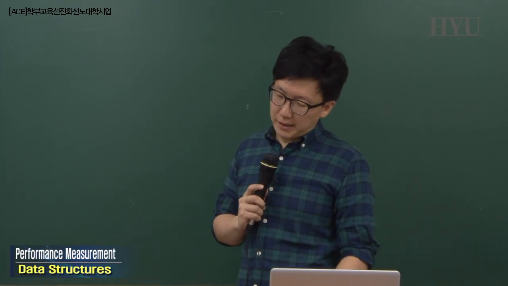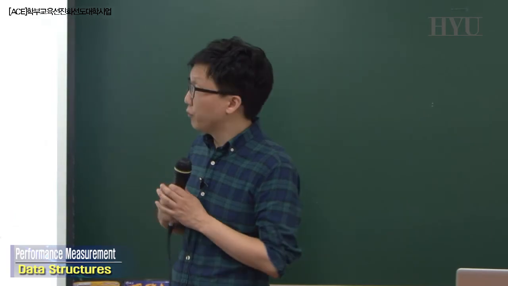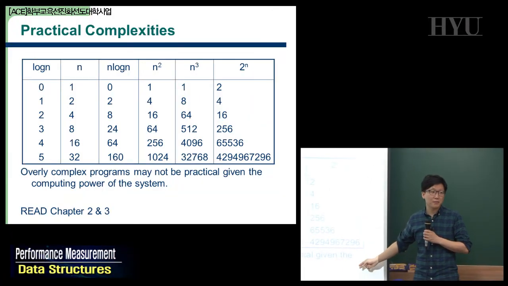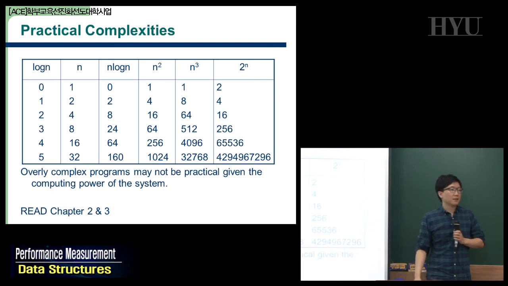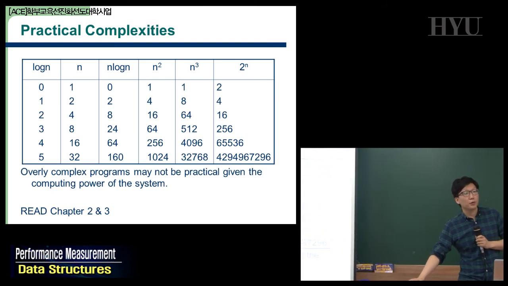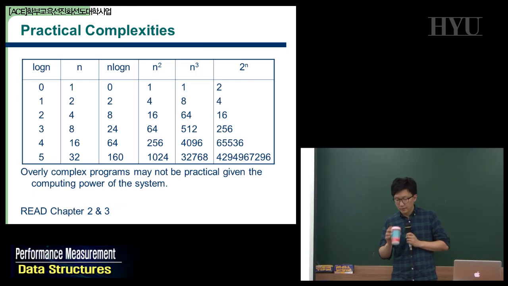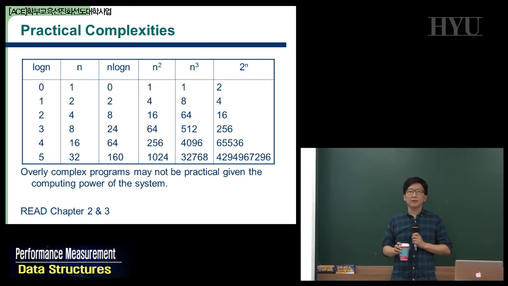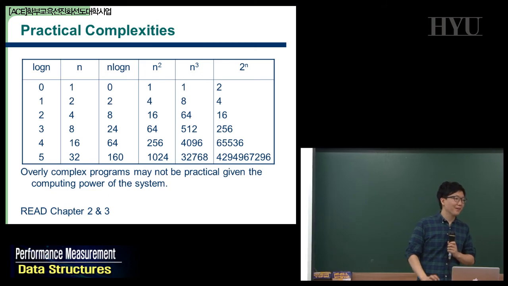Overly complex programs may not be practical given the computation power of the system. Overly complex programs, like programs that have exponential runtime, even for cubic, may not be suitable for your PCs to run. What has cubic runtime? I don't know. 3D matrix multiplication, maybe it's cubic.